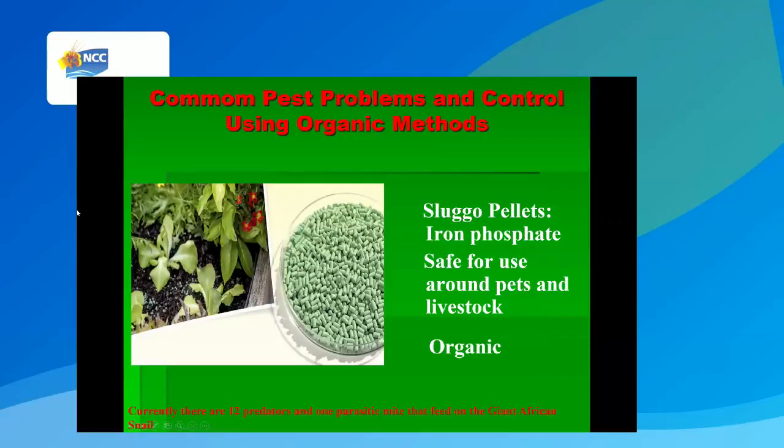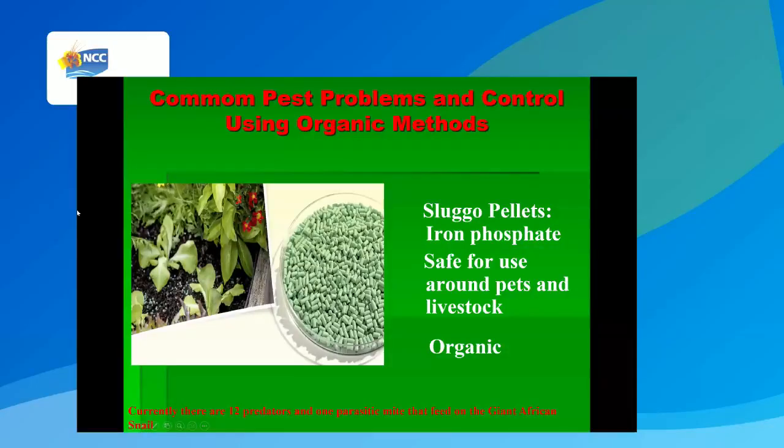One of the organic ways of controlling these snails and slugs is the use of a product called Sluggo. And it's organic because it only contains iron phosphate, which is present in soil anyway. And it gives reasonably good control of these slugs and snails. The good thing about it is that it's safe for use around pets and livestock.